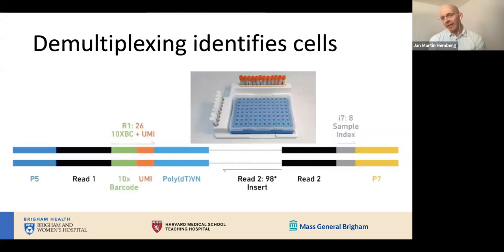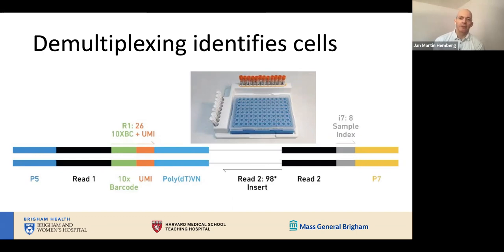The next step that you need to do is demultiplexing. That's basically identifying which read came from which cell. If you're using one of these low throughput experiments, for example SmartSeq2, where you put the cells in different wells, then you would also know which barcode for each cell was put in each well.